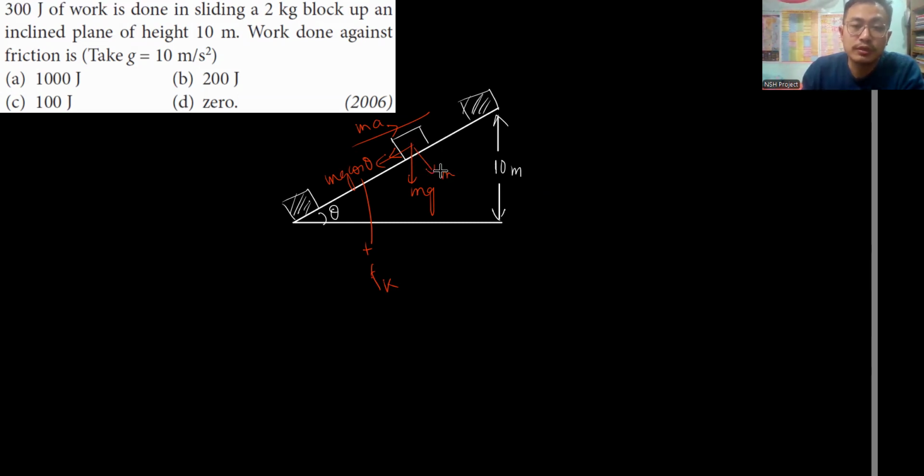The normal reaction acts upward, perpendicular to the incline.